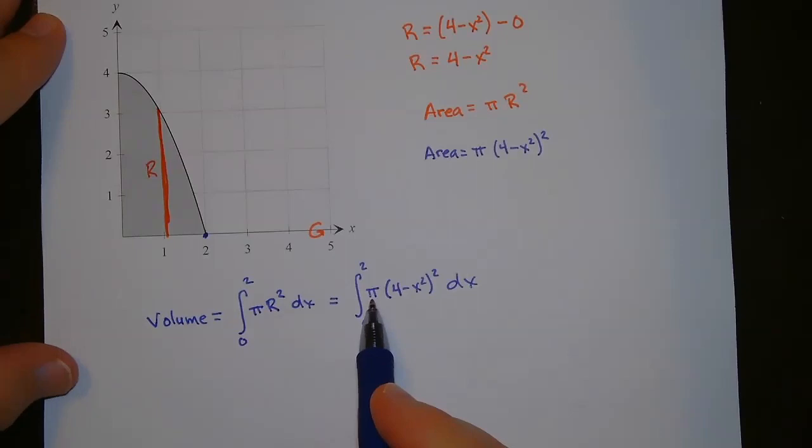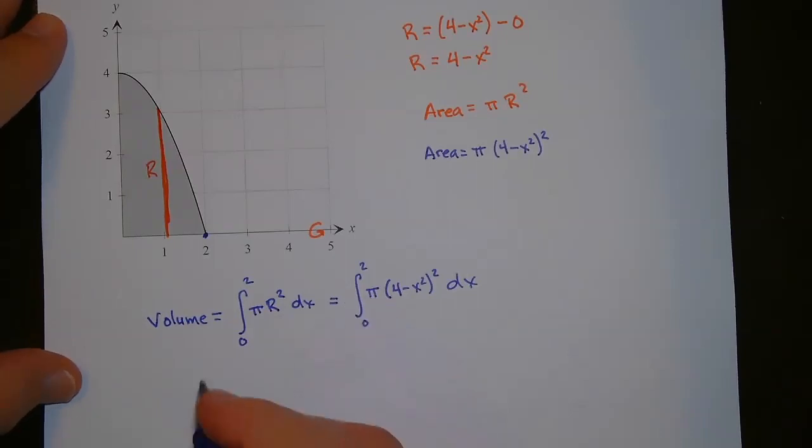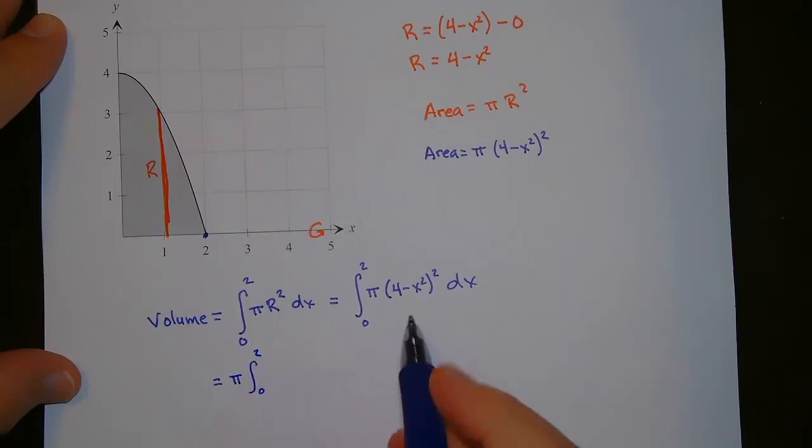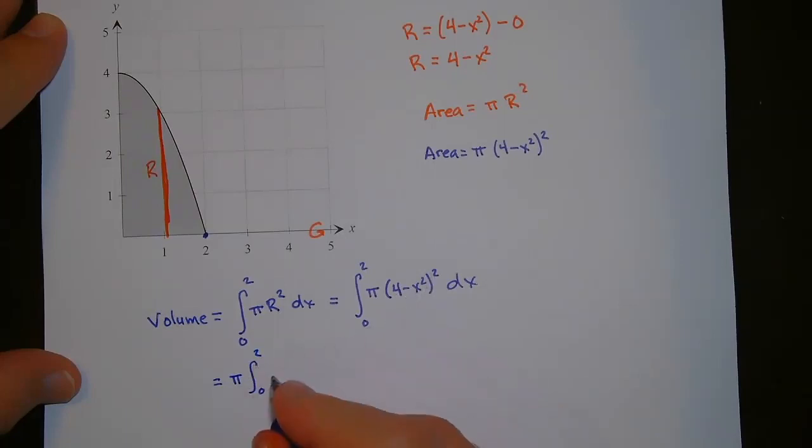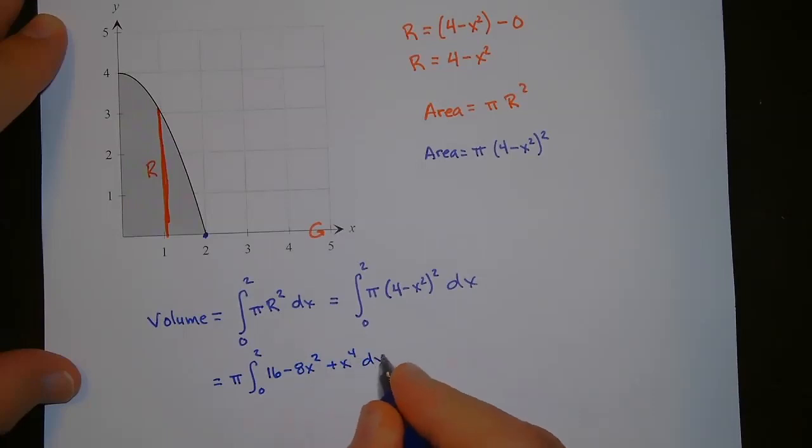This pi is a constant, and because it's a constant, by the properties of integrals, I can bring it out in front. So this is equivalent to pi times the integral from 0 to 2, and then I'm going to square this out. So if I square this, it would give me 16 minus 8x squared plus x to the 4th, and then dx.